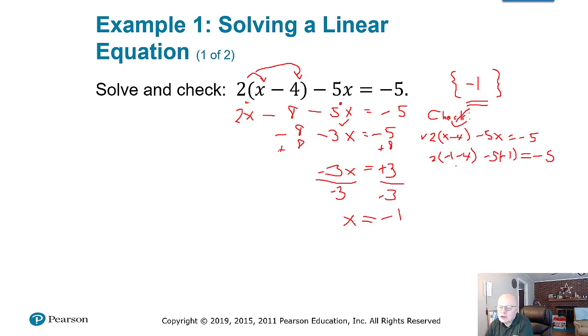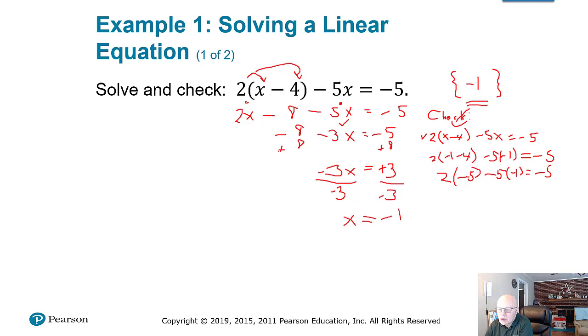Now, we do inside the parentheses first, so we need to take -1 minus 4 first. So we have 2 times -5. And if we look over here, we'll just copy that. Eventually you'll probably do a couple of things at a time, but take it nice and easy.